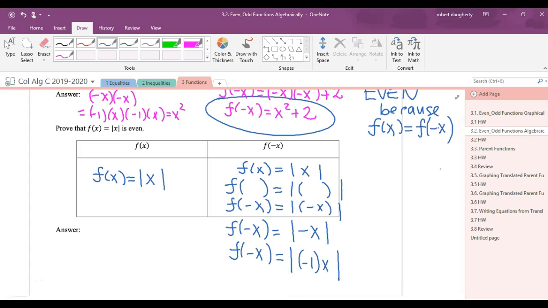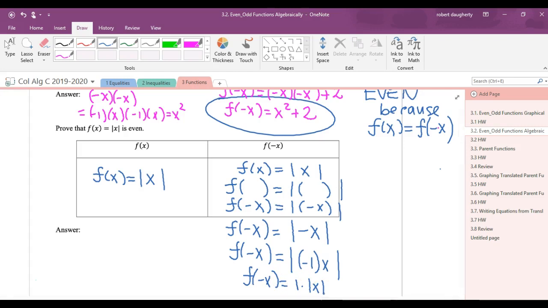Negative x is just negative 1 times x. Negative 2x would be negative 2 times x. Negative 3x would be negative 3 times x. Now, what is the absolute value of negative 1? 1. So f of negative x is equal to 1 times the absolute value of x.